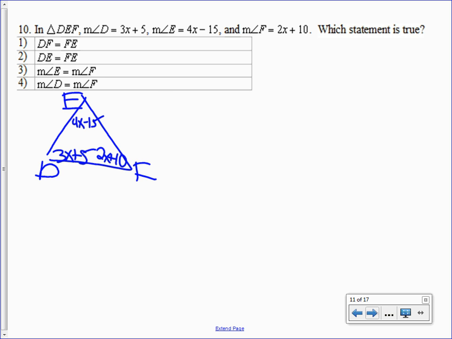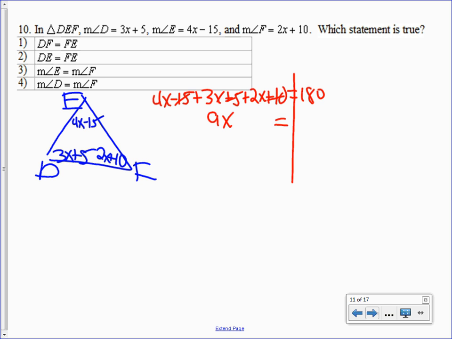I'm going to add to equal 180. Combine like terms, 9x, negative 15 plus 5 plus 10 is 0, so that cancels. Divide by 9, x is 20.